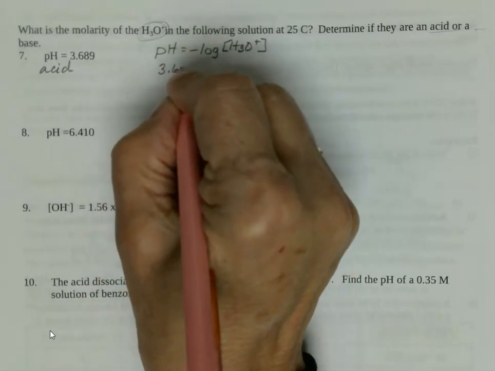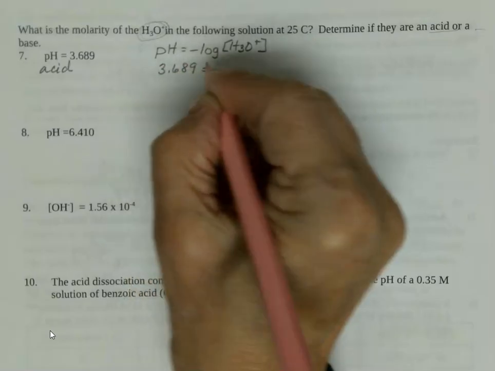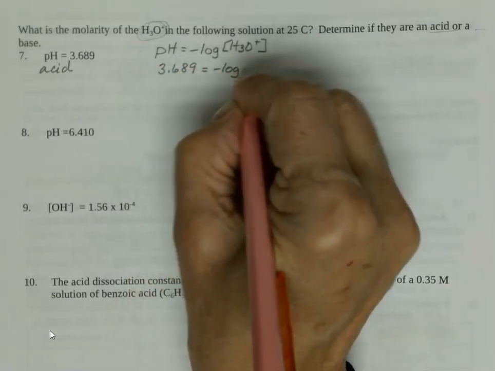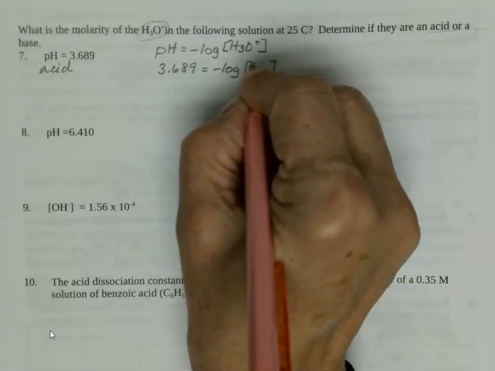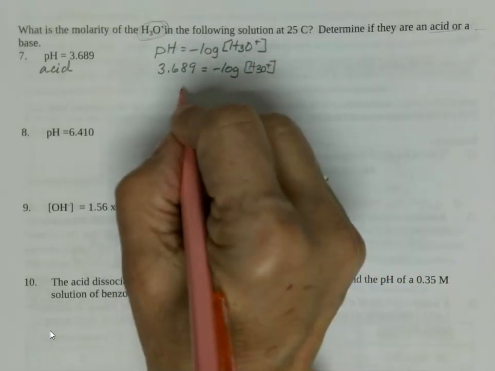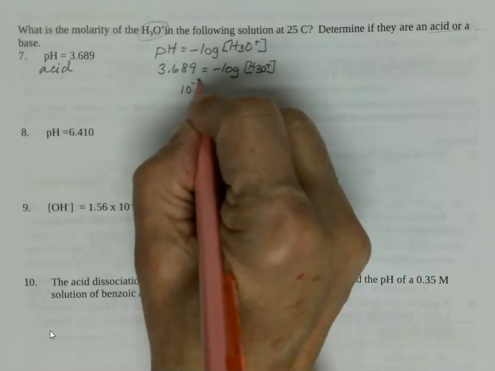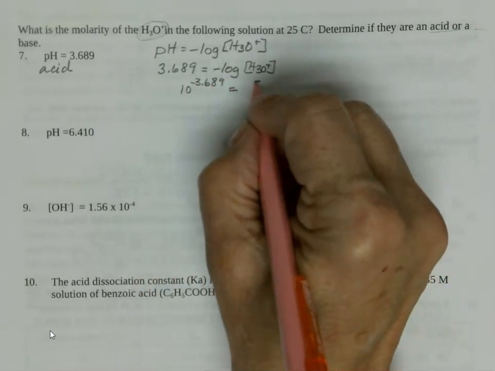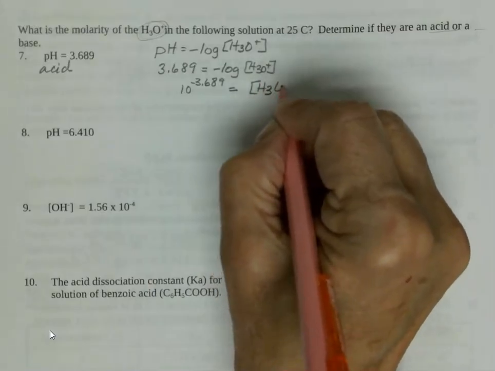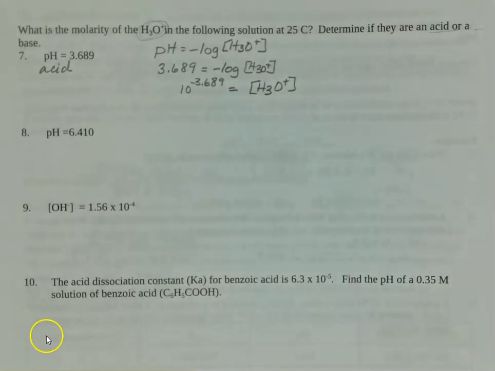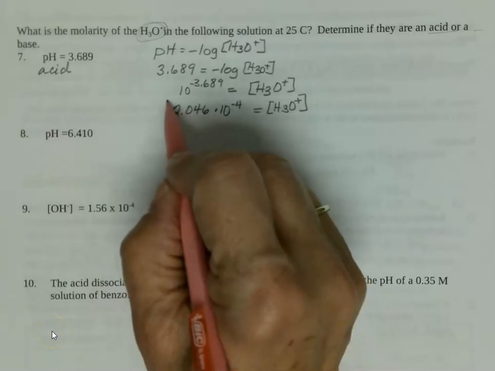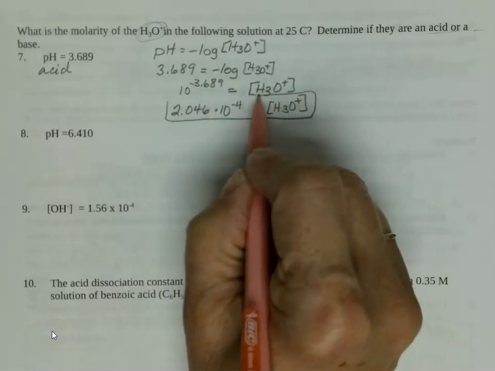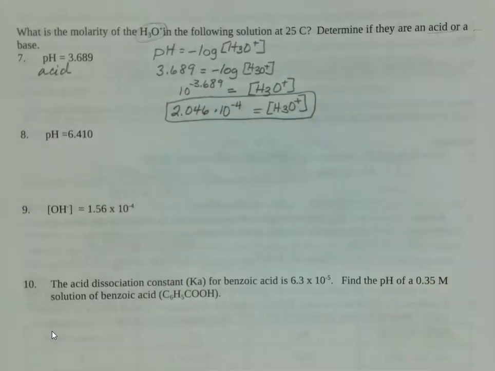So if you'll remember, when I have the pH given, then we do 10 to the negative pH. And that will give me my concentration. Okay, and so that is, again, my answer.